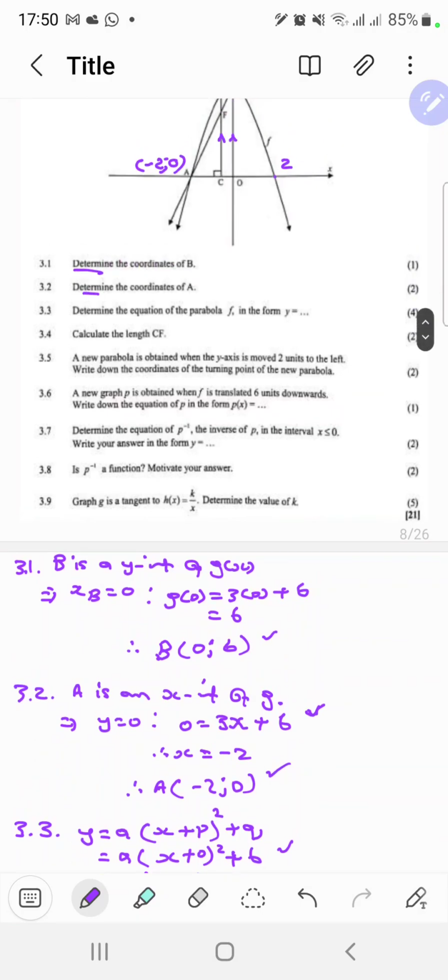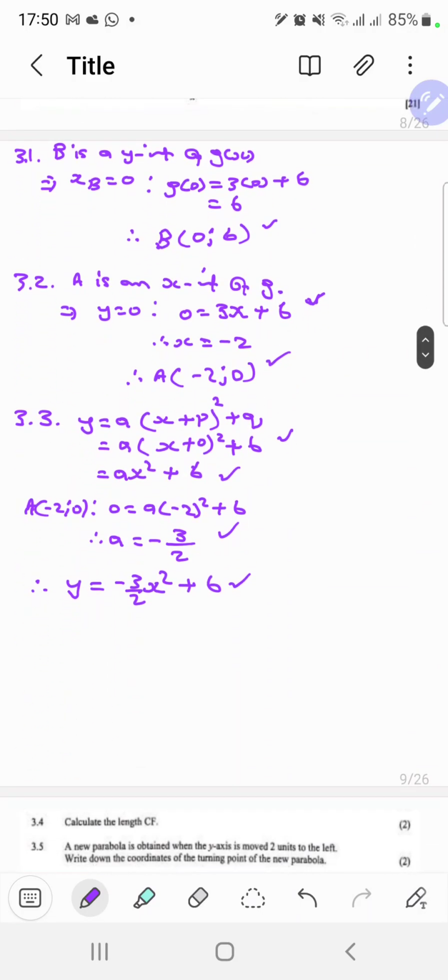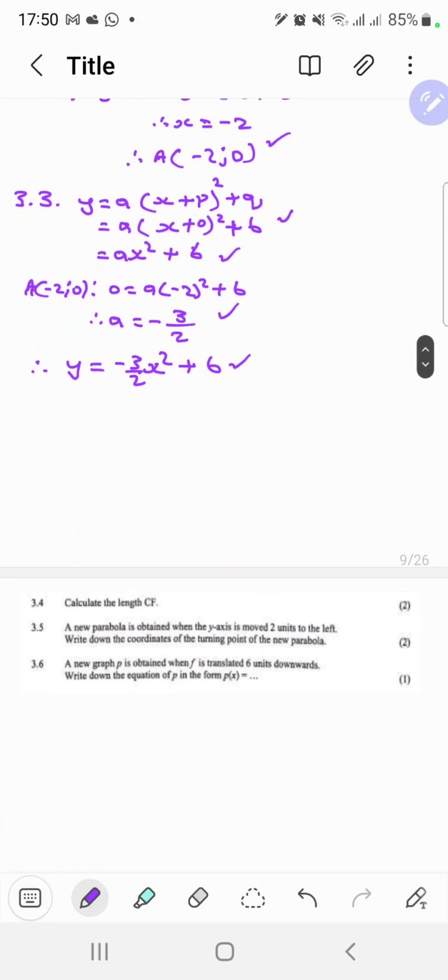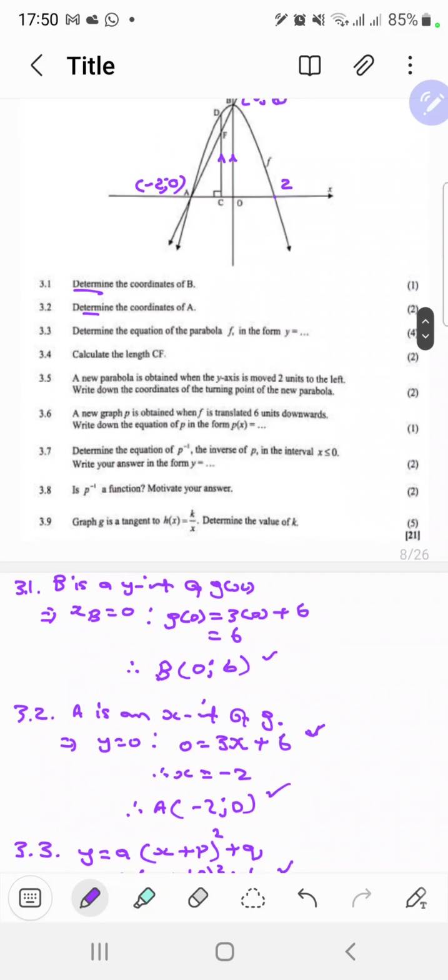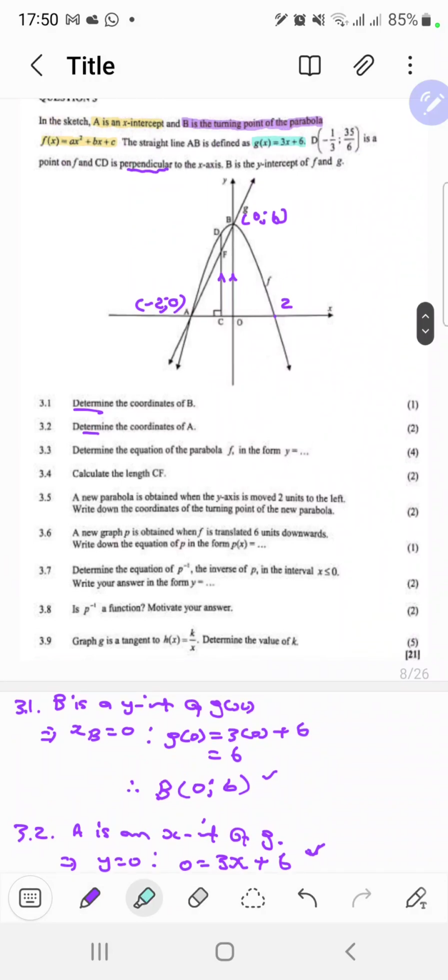Alright guys, so the next one says calculate the length of CF. Okay, so I've already crossed over, so I thought I was going to need a bit more space, but I don't need to now. So calculate CF. Let's have a look at CF, just to see what is going on.